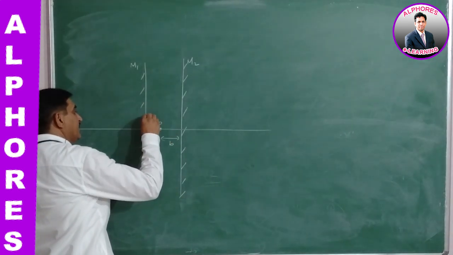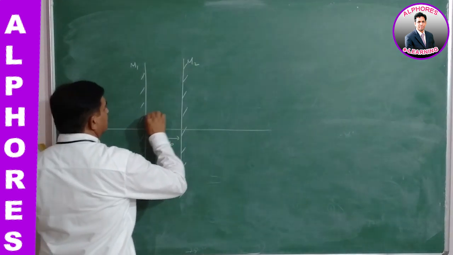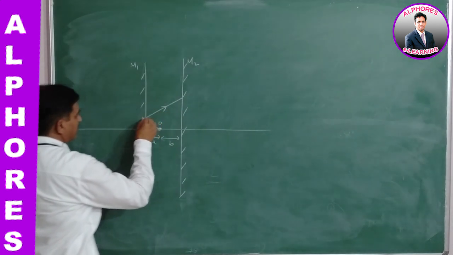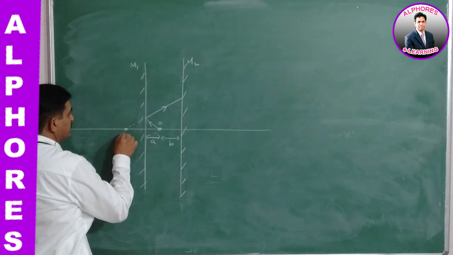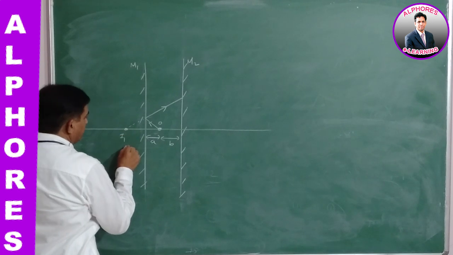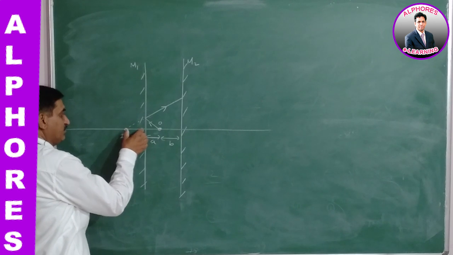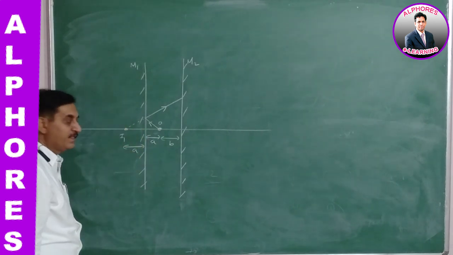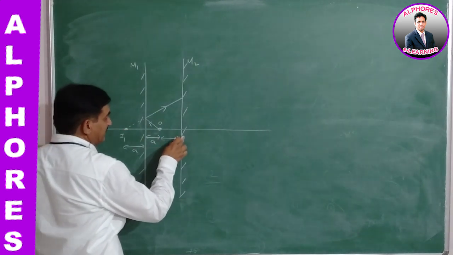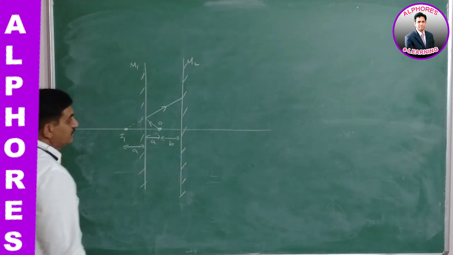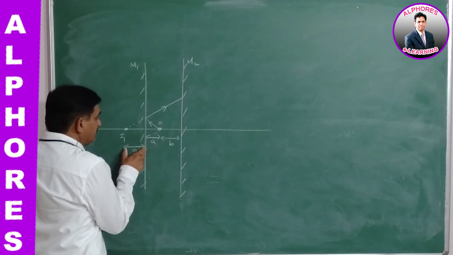Consider the light incident from this object undergoes reflection and gives its corresponding image over here. This is image 1. It is at a distance of A. Again, distance of the object equals distance of the image. Yes, this image serves as an object to the second mirror. Now, what will be the distance to the second mirror?